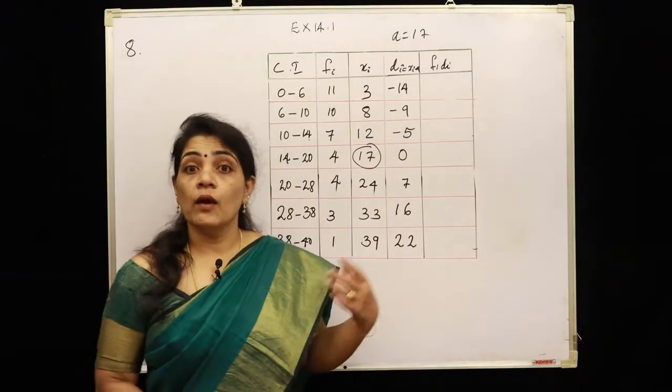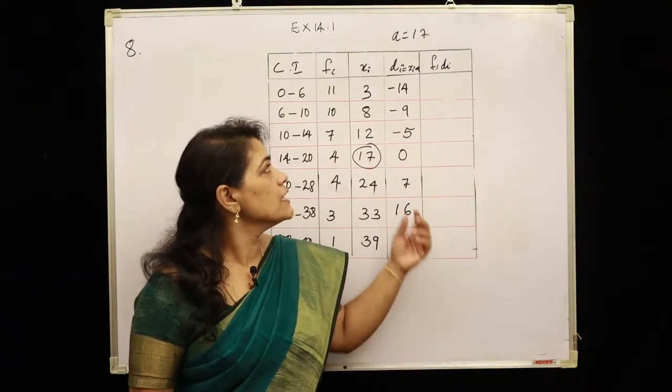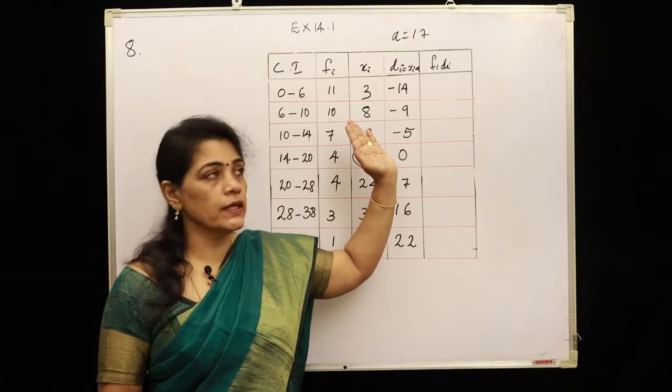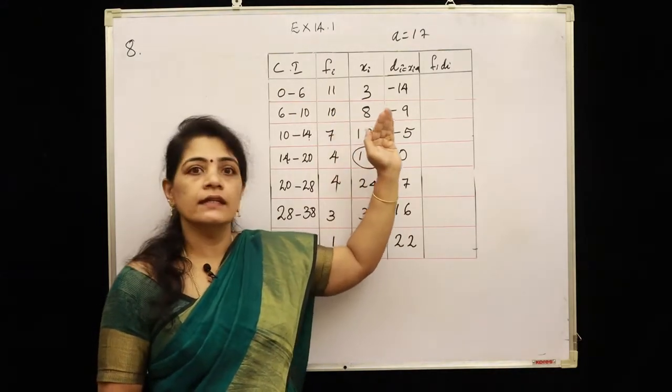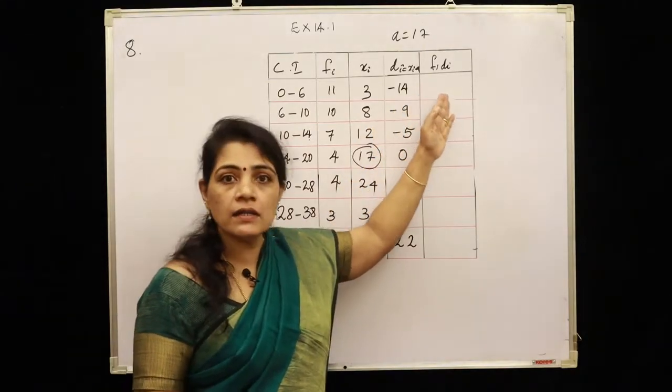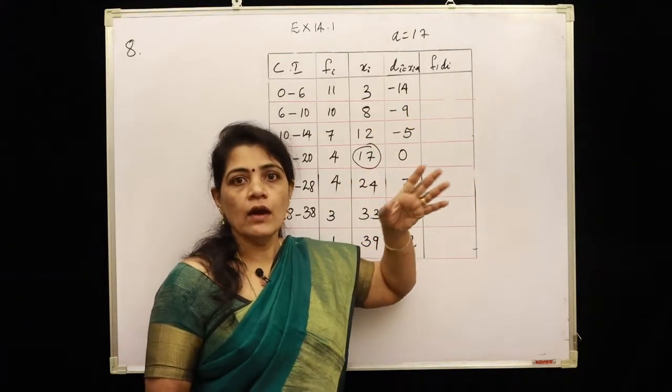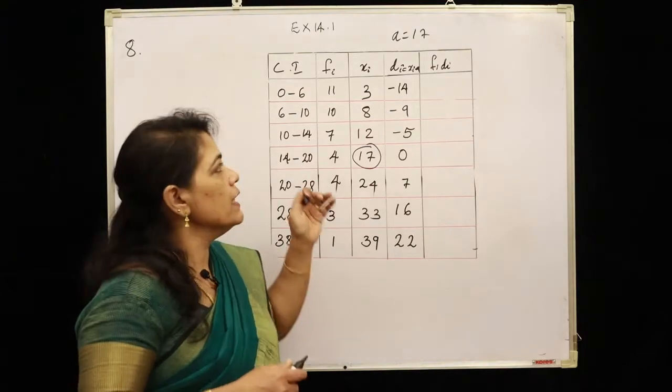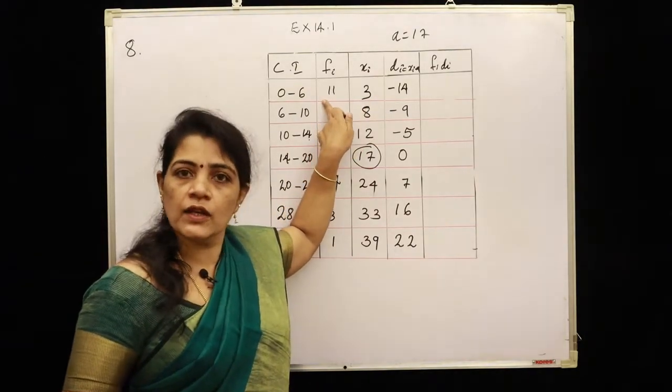Now we have the deviation column, that is, we have found the difference between each xi and the assumed mean 17. We can fill the last column, fi di, by multiplying each di with its corresponding frequency.